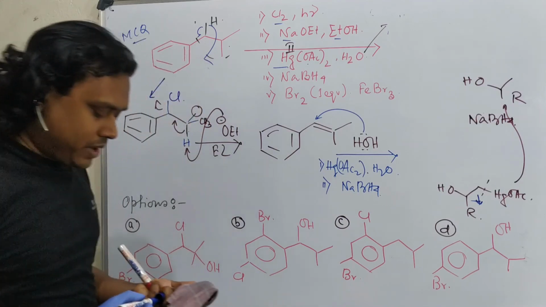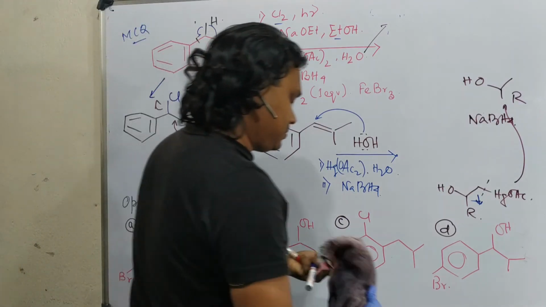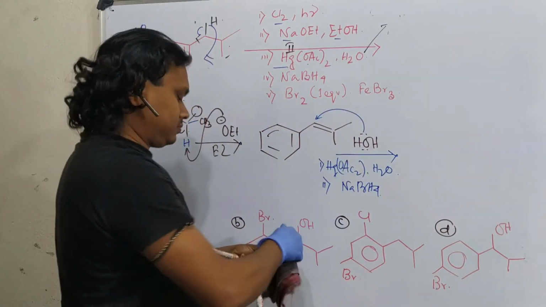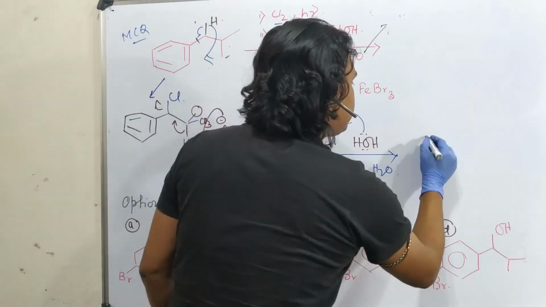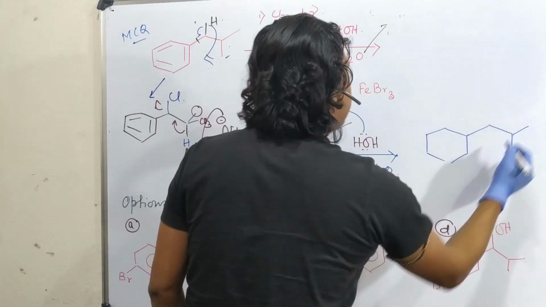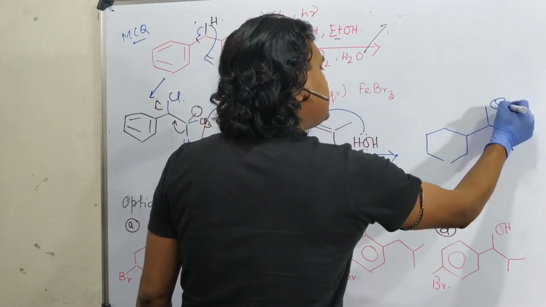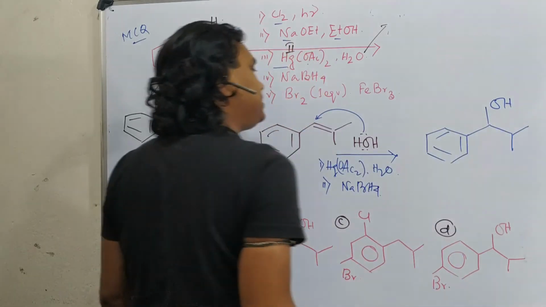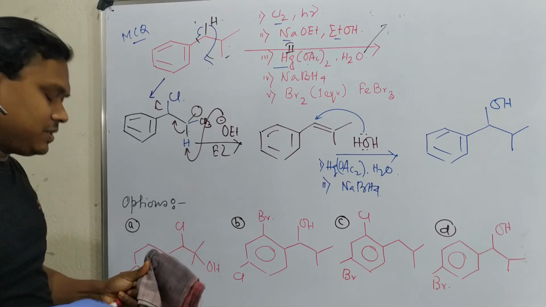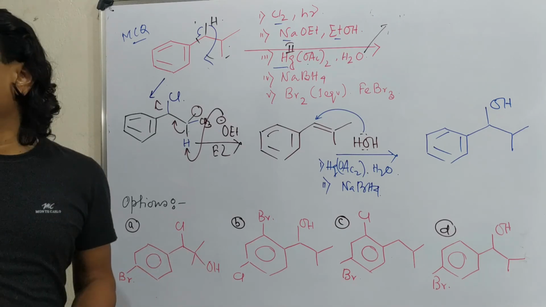So what product can we expect in this reaction? This is the OH. Fine, because the positive charge at this benzylic position is stabilized by the conjugation of the phenyl ring. Fine.